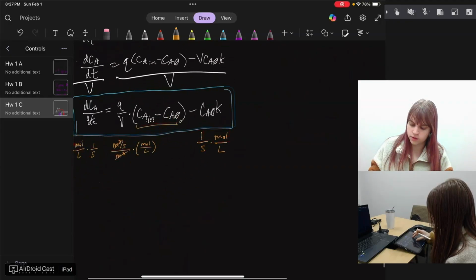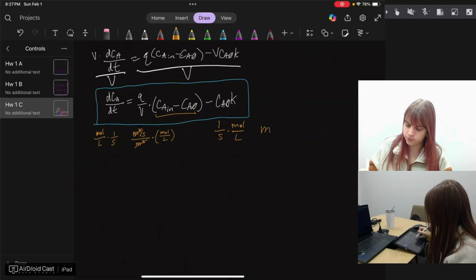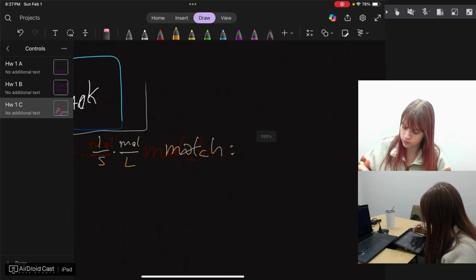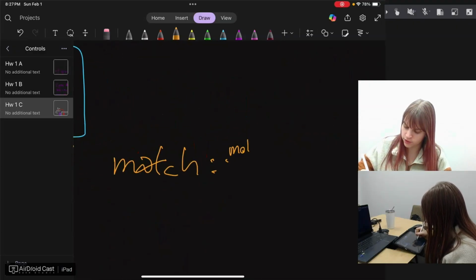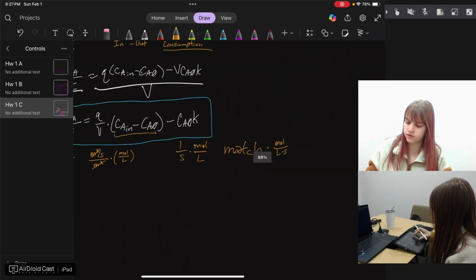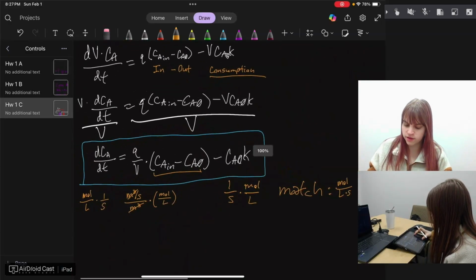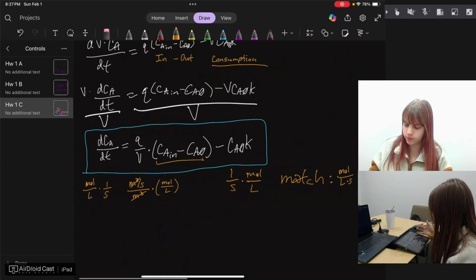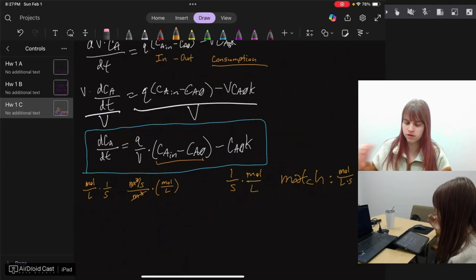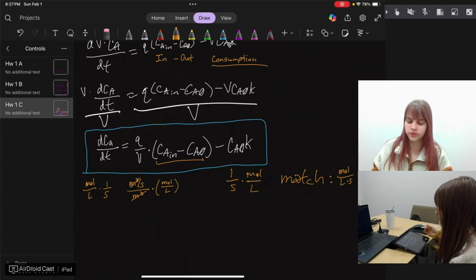Okay, so they all match and give us moles per liter times second. So essentially this is saying how many moles per liter is A changing, the concentration of A, how much is it changing over time.